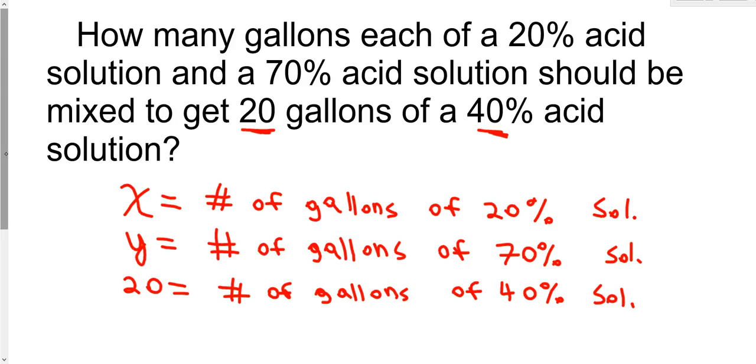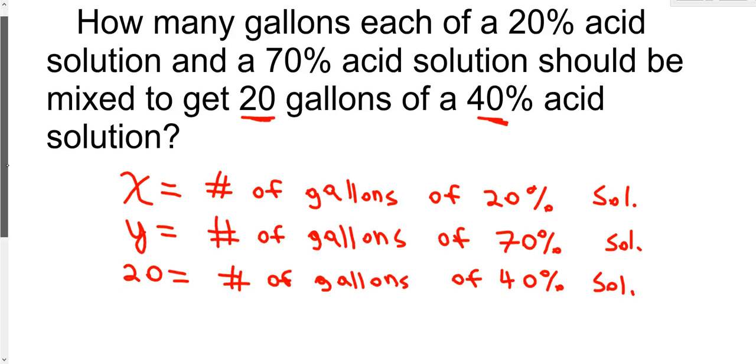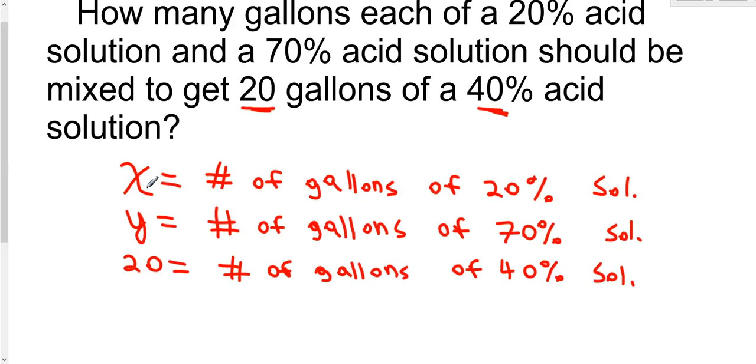Right off the bat, since I'm only mixing these two acids together to get the third, I see that I have an equation, the relationship between x, y, and 20. x plus y has to equal 20, because I'm mixing x gallons of the 20% solution with y gallons of the 70% solution, and in total I want 20 gallons of the 40% solution.